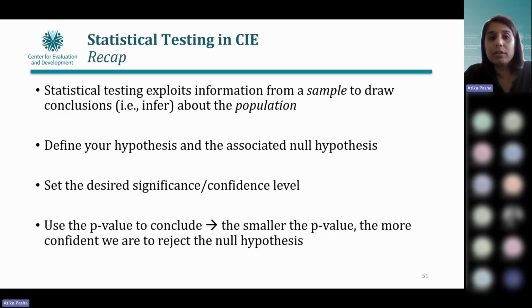We define our confidence level, or alternatively 100 minus confidence level, the significance level, right? And then we calculate the p-value to conclude how confident we are with the results. So the smaller the p-value, the better it is, right? The more confident we are in rejecting the null hypothesis, which is basically the entire premise of statistical testing.